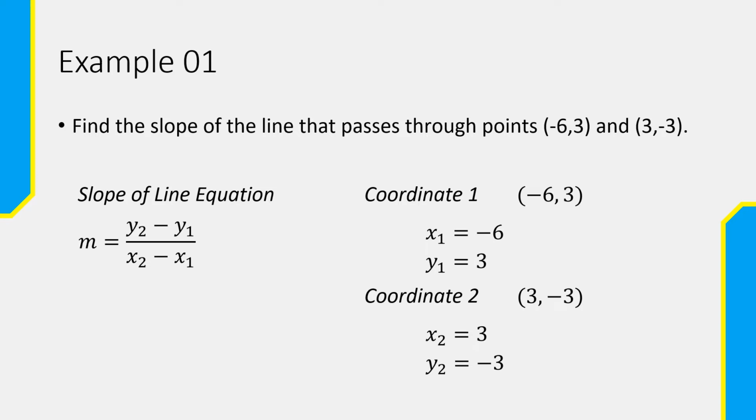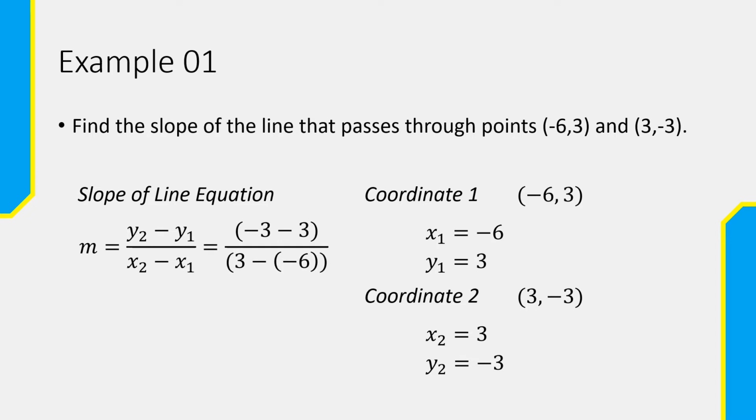For this example, I assigned coordinate 1 to be -6, 3 and coordinate 2 to be 3, -3. Like I said in the previous slide, it doesn't matter which you assign to which, as long as you remain consistent. So from coordinate 1, -6, 3, I assigned x1 to be -6 and y1 to be 3. And for coordinate 2, x2 to be 3 and y2 to be -3.